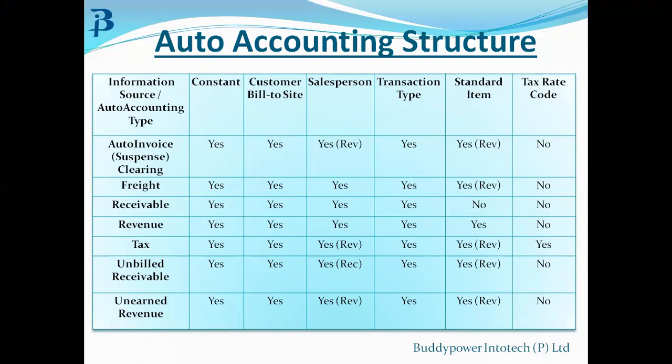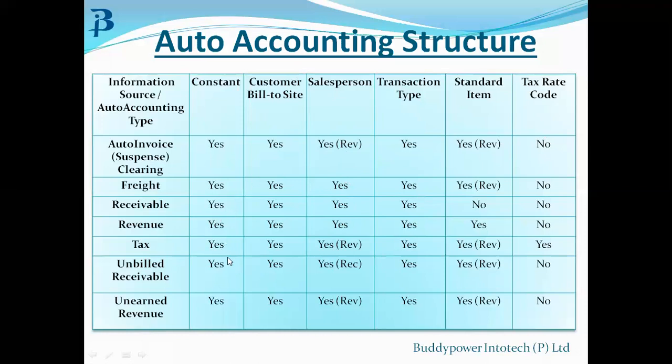You can use transaction types or customer bill-to sites to specify your receivable account. Then you have your revenue and your tax. The same way, you can give any of these information source table names to take data from.